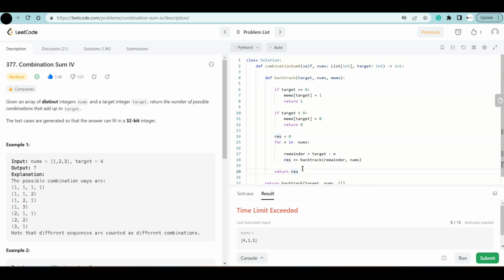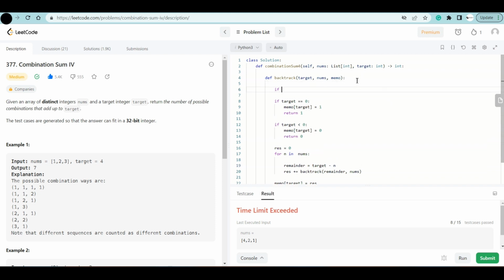Then, if the target is in memo, we want to return memo of target.